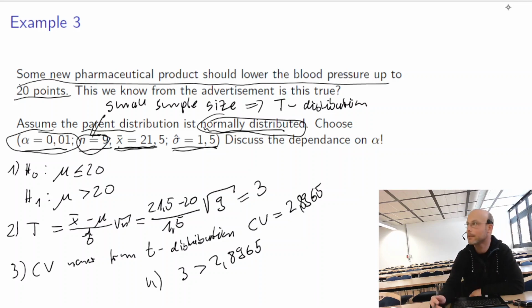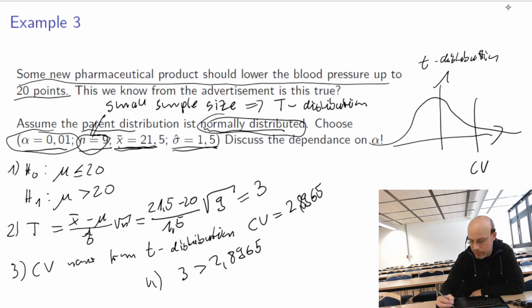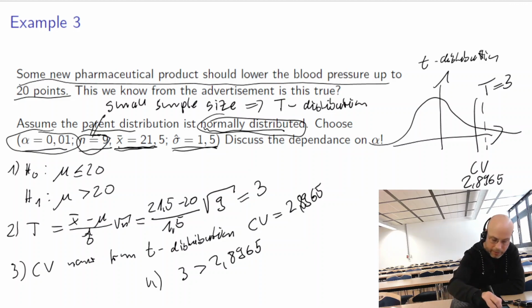Again, this is the main point. T-distribution. Now, here is our critical value of 2.8965. Here is our test statistic equaling 3.